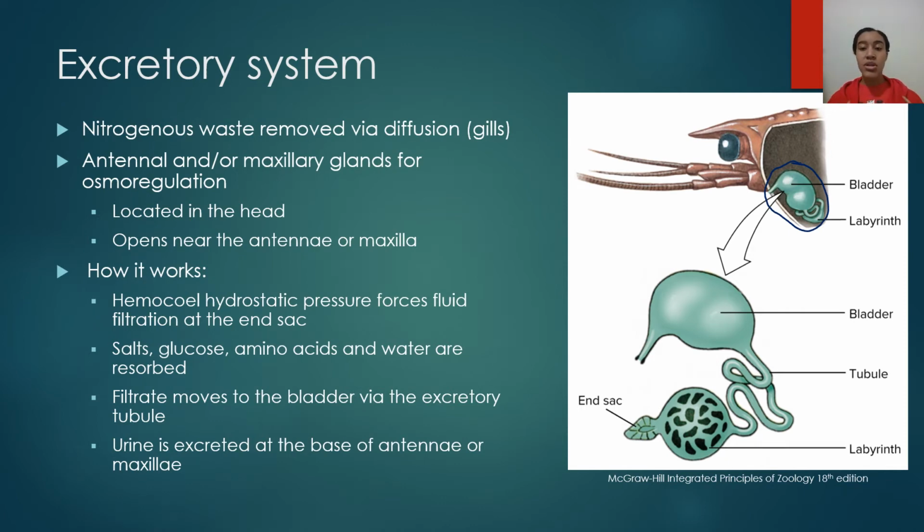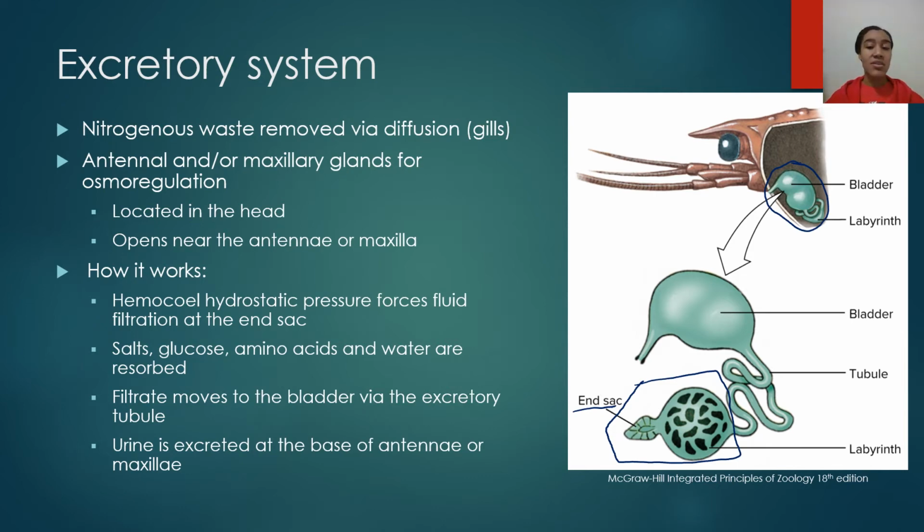And how these work is there's a lot of hydrostatic pressure in the hemocoel, and that forces the fluid into this area of the gland called the end sac. And as the fluid is being pushed into the end sac and traveling through it, all of the salts that the organism needs, glucose, amino acids, and water will be reabsorbed.